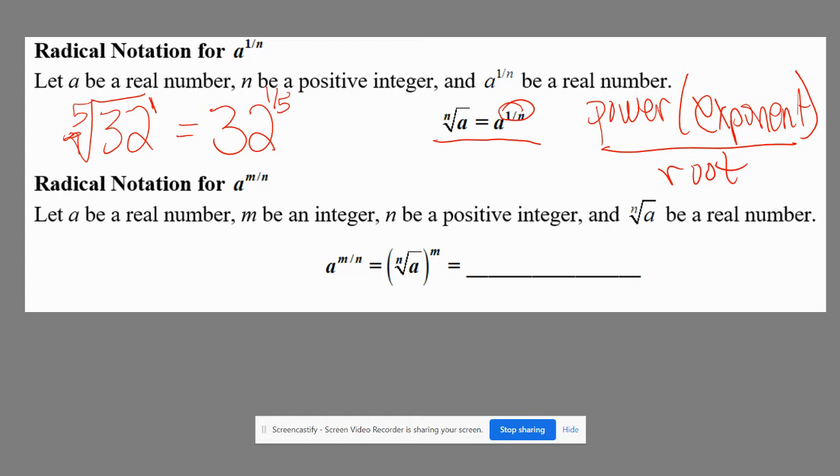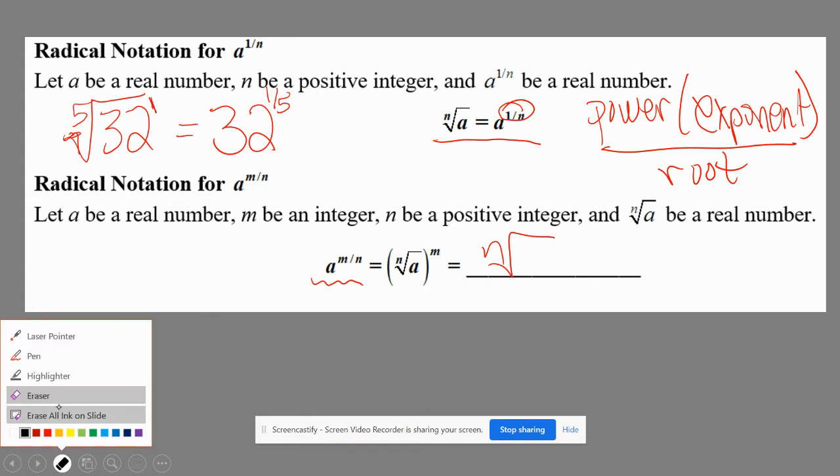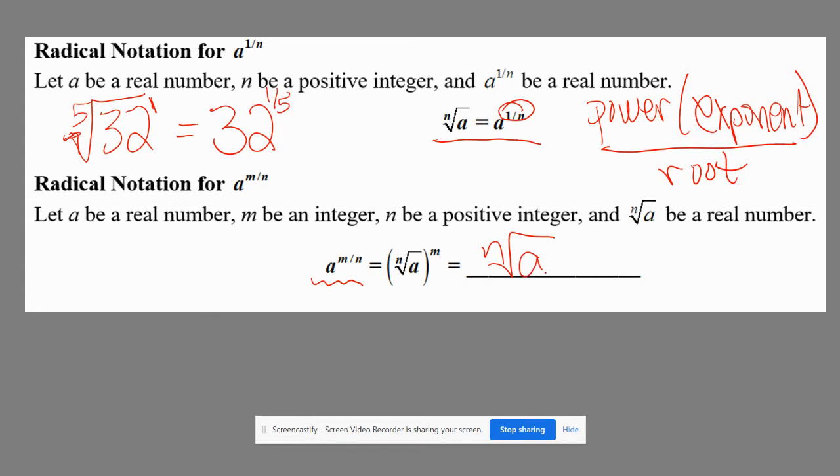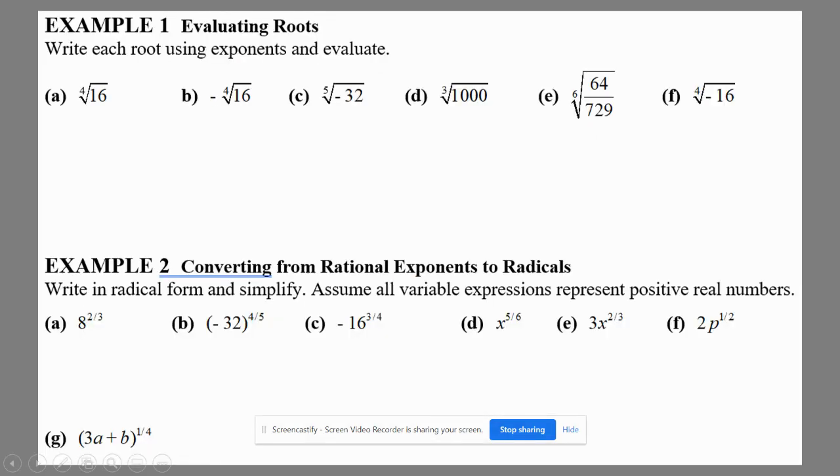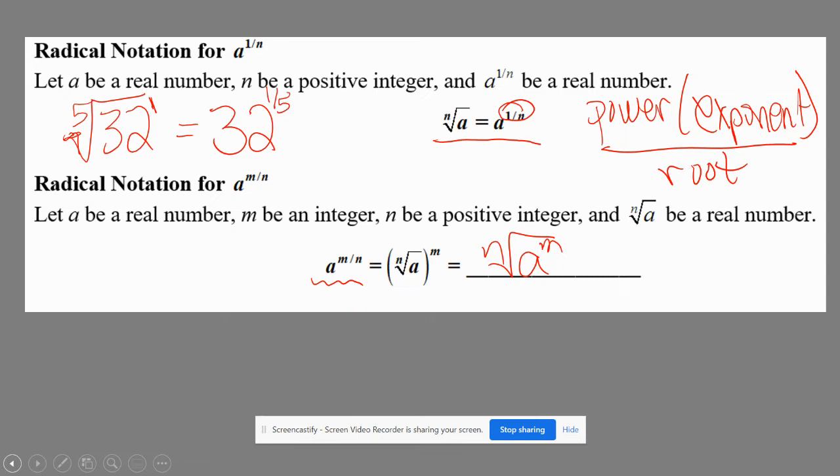We can also go backwards. If we have a rational exponent or a fraction exponent, then we can rewrite it. Let's say that we have r to the 5/7.